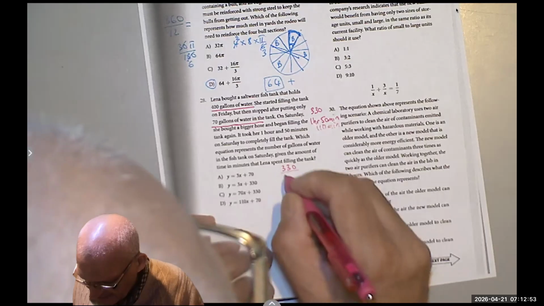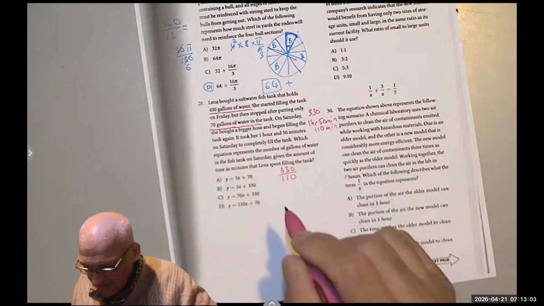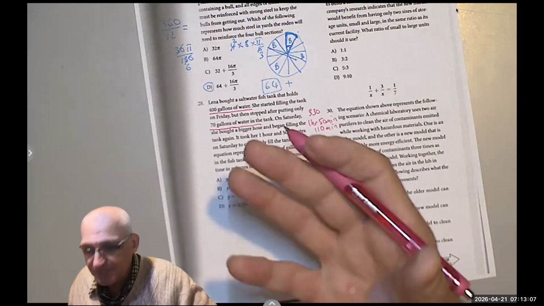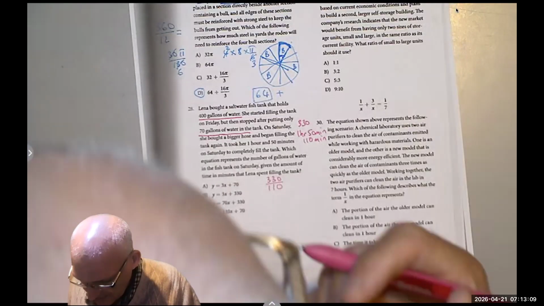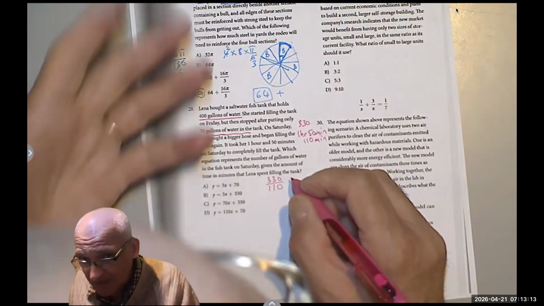Right? So when you divide by 110, because you want to know x, which is how many gallons per, or minutes per gallon, right?